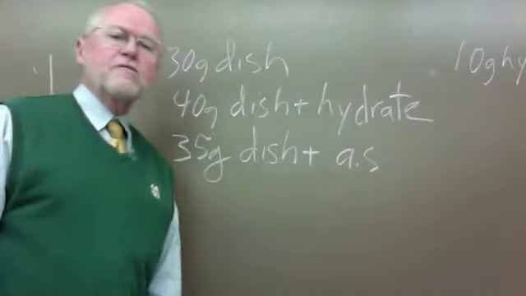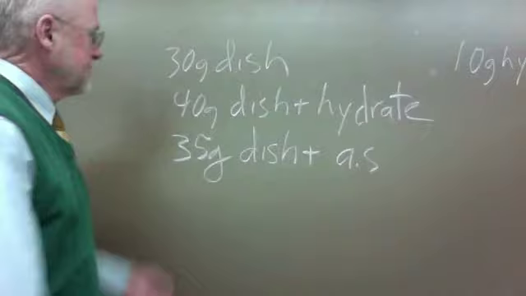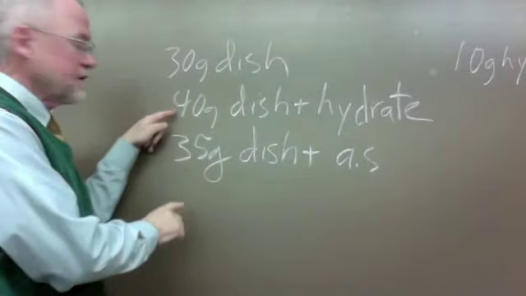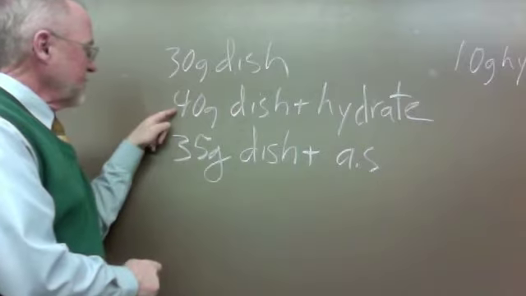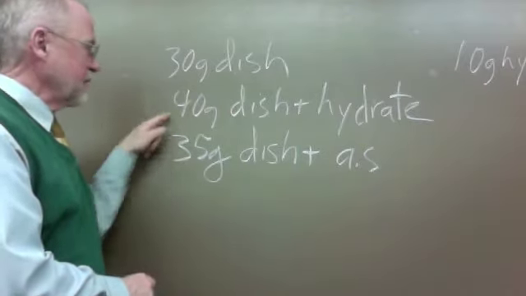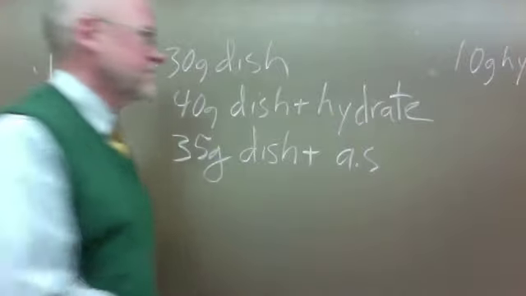And if I wanted to find out how much water there was, I could subtract these two, because between here and here, I took out the water, and that would be 5 grams of water.